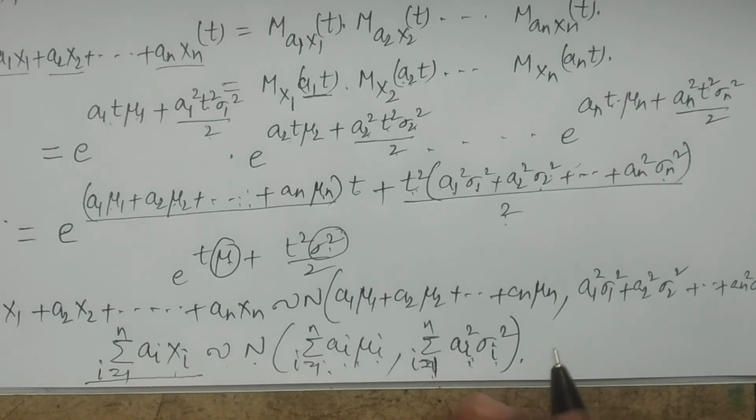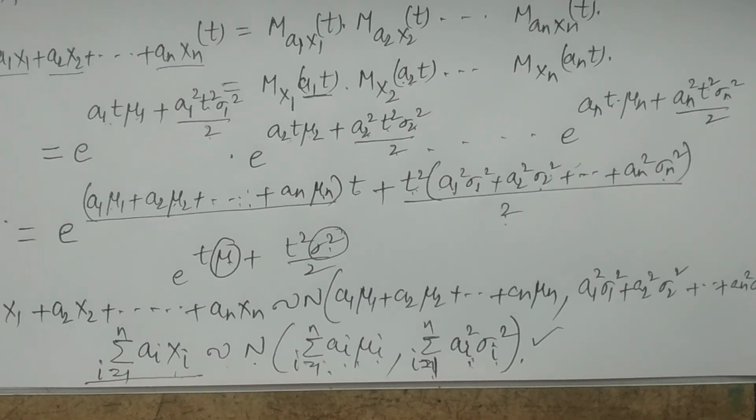There are two parameters here. If you substitute a1 equal to 1, a2 equal to 1 and so on, an equal to 1, then you will get the additive property, the distribution of summation xi, that is x1 plus x2 plus and so on plus xn.